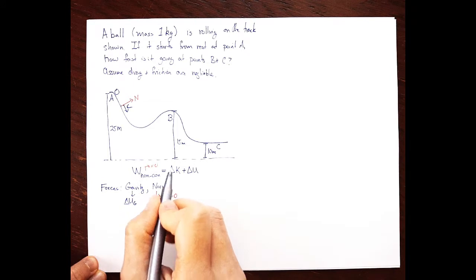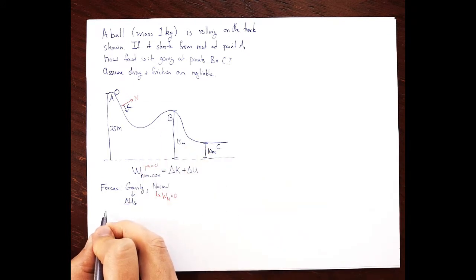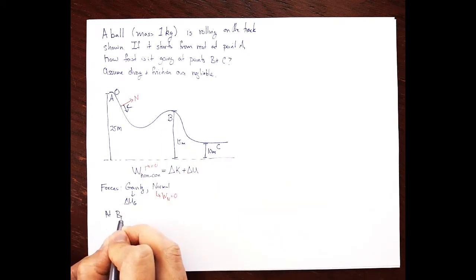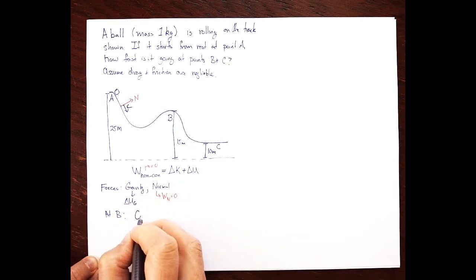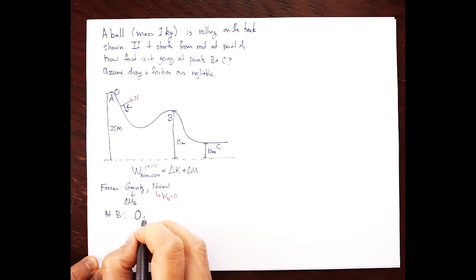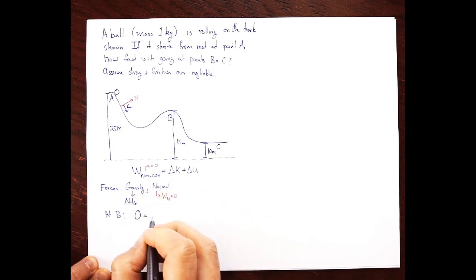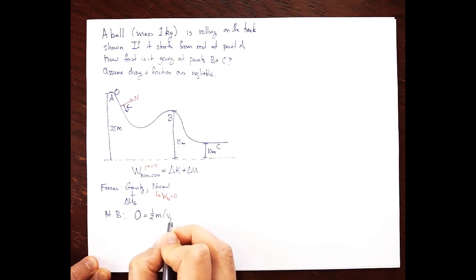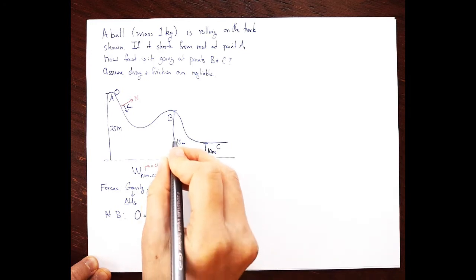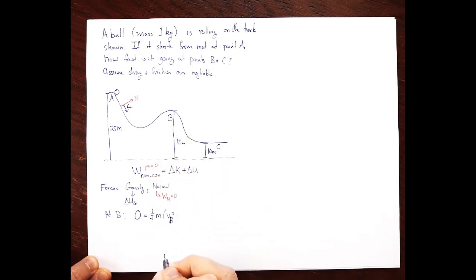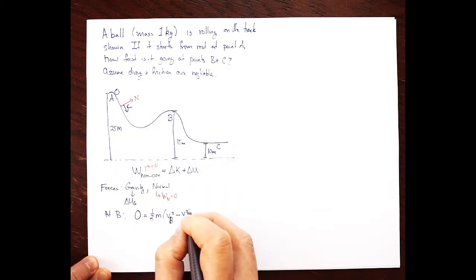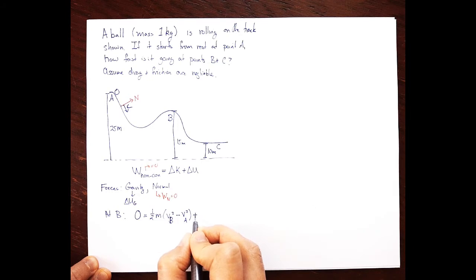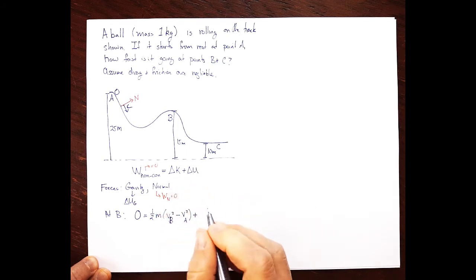So let's figure out point B. At B, we know that there are no non-conservative forces doing work, so this side of the equation is zero. And we've got the change in kinetic energy, which is 1/2 the mass times the final speed squared, that is the speed at B, minus the initial speed, which is the speed at A. And then potential energy, we don't have a spring, so we've only got gravity.